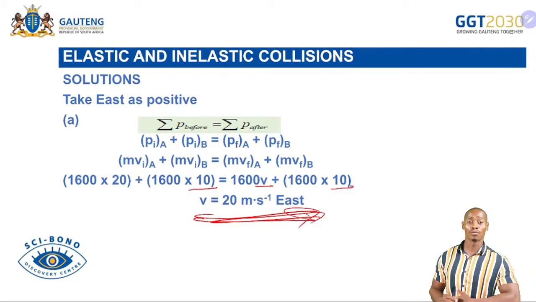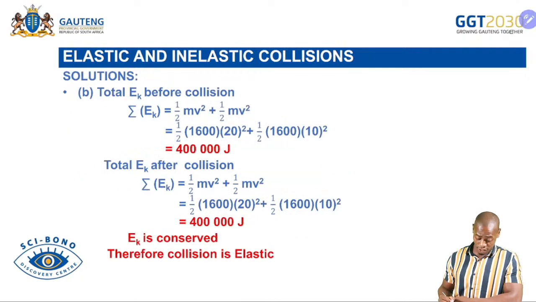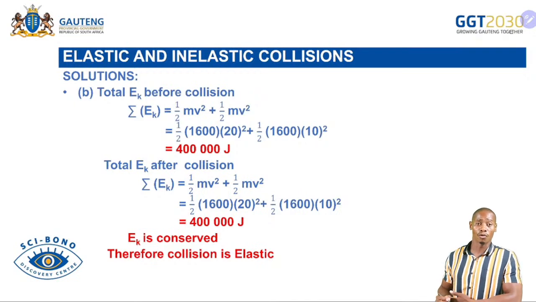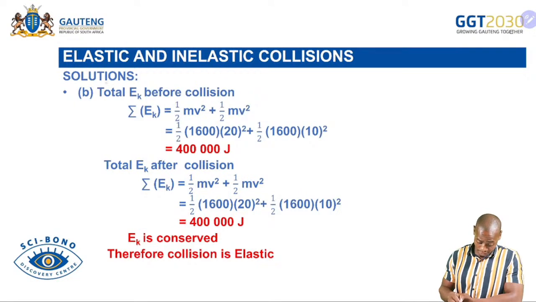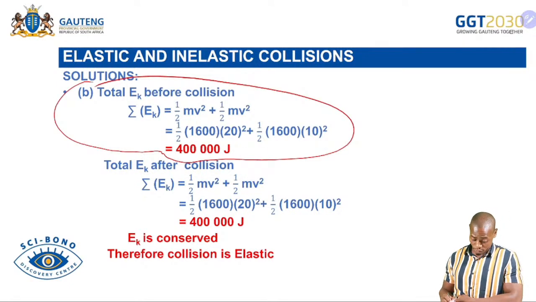Now we have to prove whether this collision is elastic or inelastic. So let's check. I told you, you need to calculate the sum of EK before collision separately. So this is what we did here. Total EK before collision equals half mv squared for object A plus half mv squared for object B initially.